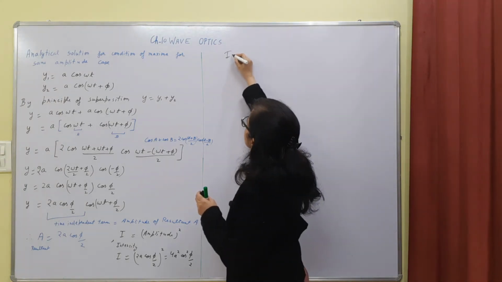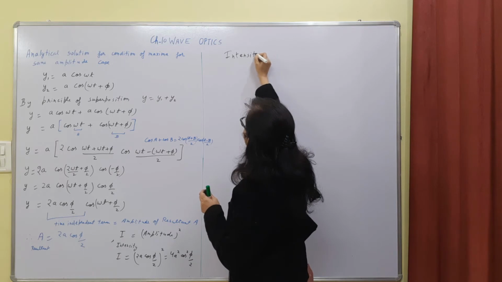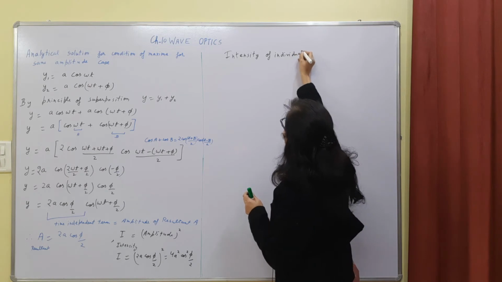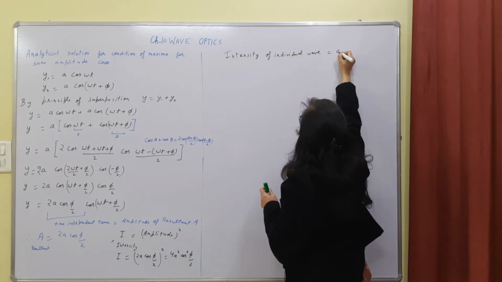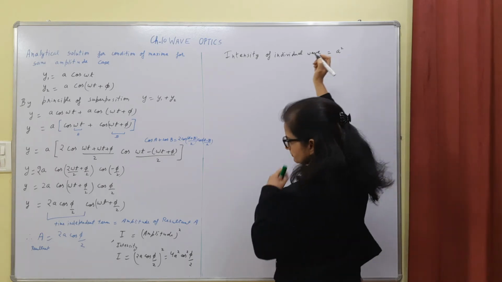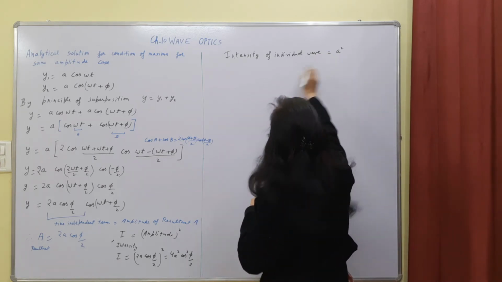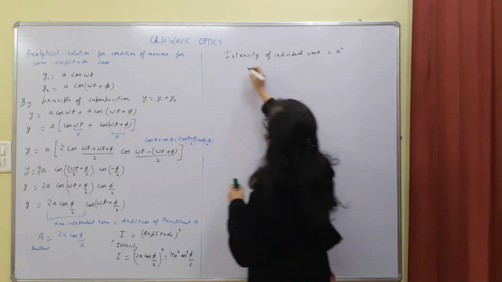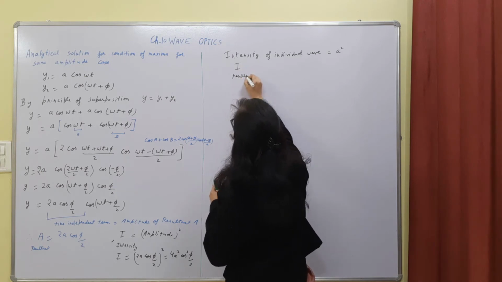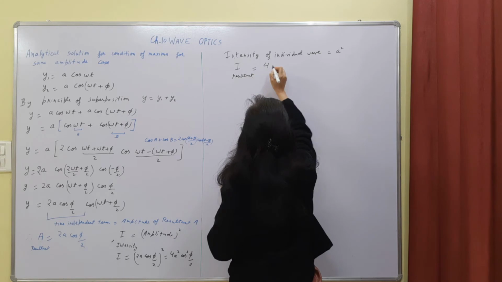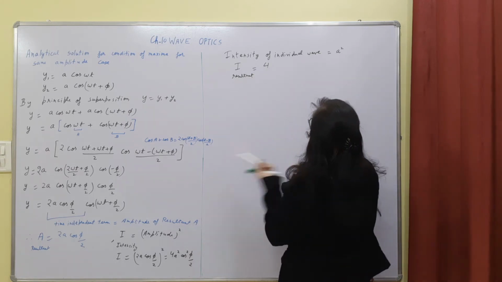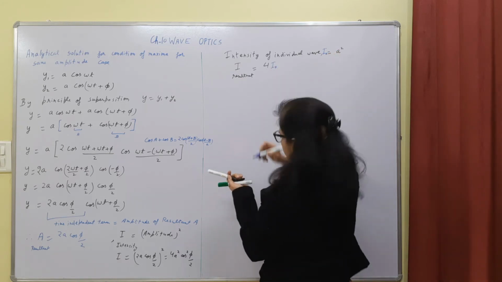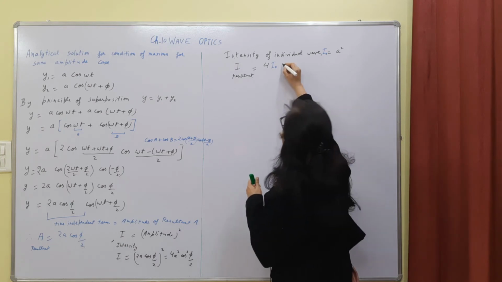So you can say that I of resultant is 4 times of this. If I represent this by I naught, right? 4 times I naught cos square phi by 2.